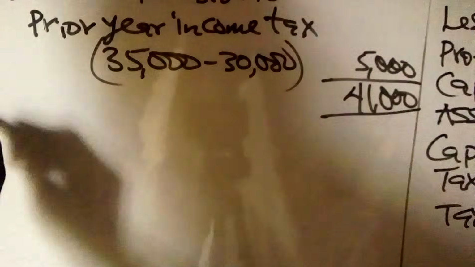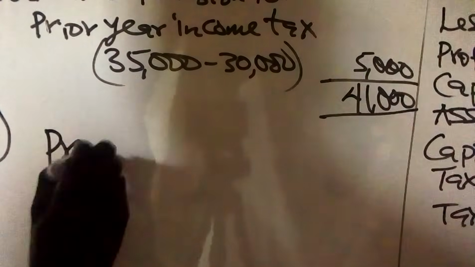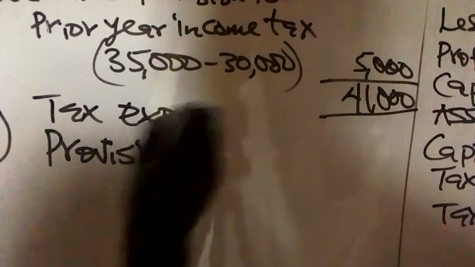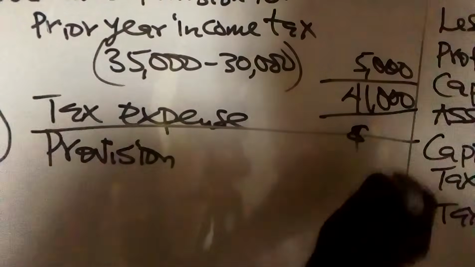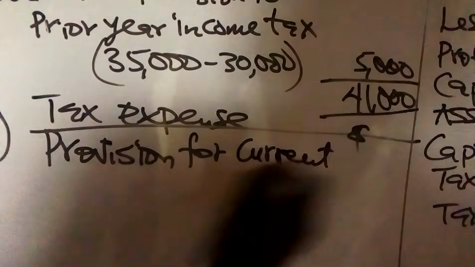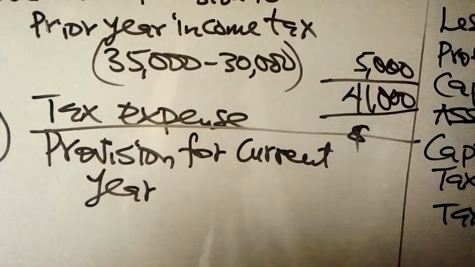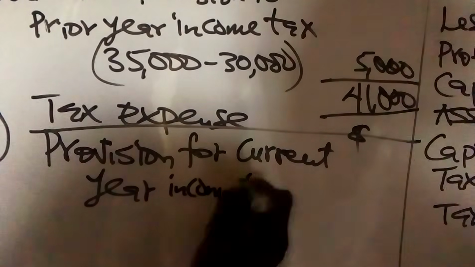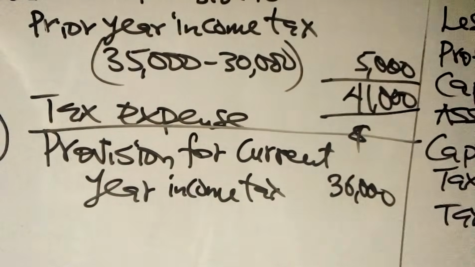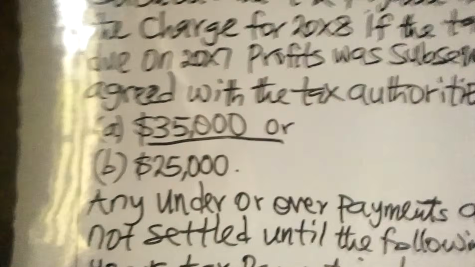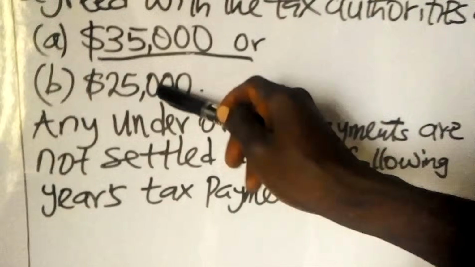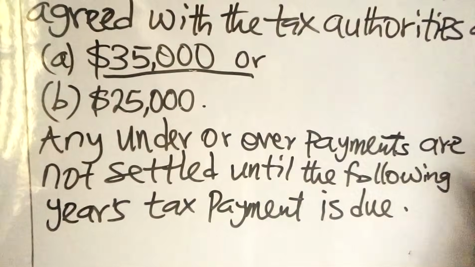In part B of the question, tax expense: provision for current year income tax still remains 36,000. Remember, the provision for prior year was 30,000, but subsequently agreed with the tax authority as 25,000.